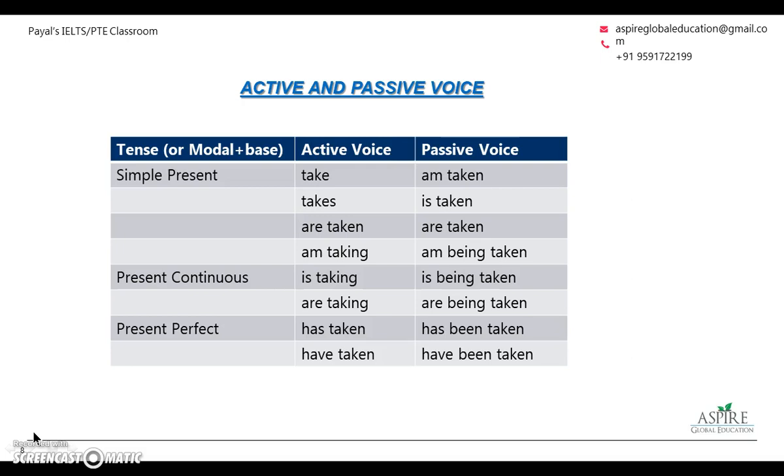So here I'm using is isolating because I have a singular subject, singular verb. But when I change into passive, the individuals are isolated. Now my object is plural, so my verb will also be plural. So you have to be very careful, especially when you are changing active to passive and vice versa. Present perfect: has taken, has been taken, have been taken.